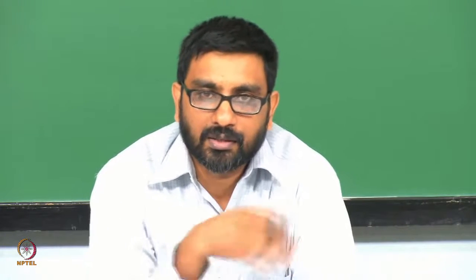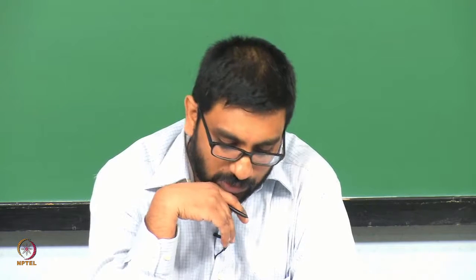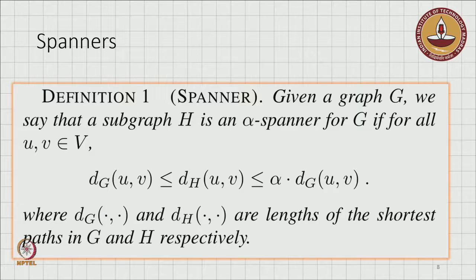Okay. So now let's ask a slightly more advanced question, and for that let's define a notion called spanners. What is a spanner? Well, let's say you're given a graph G. What you want is a smaller subgraph that sort of mimics the connectivity properties or the distance properties of the original graph.